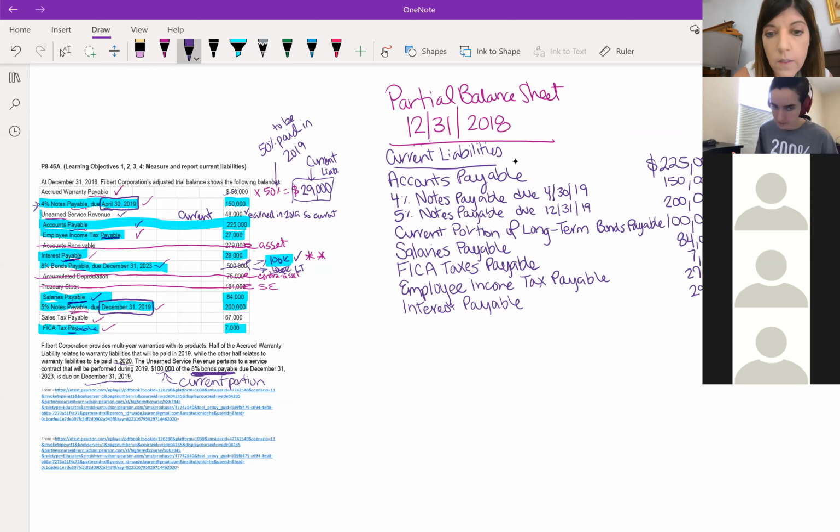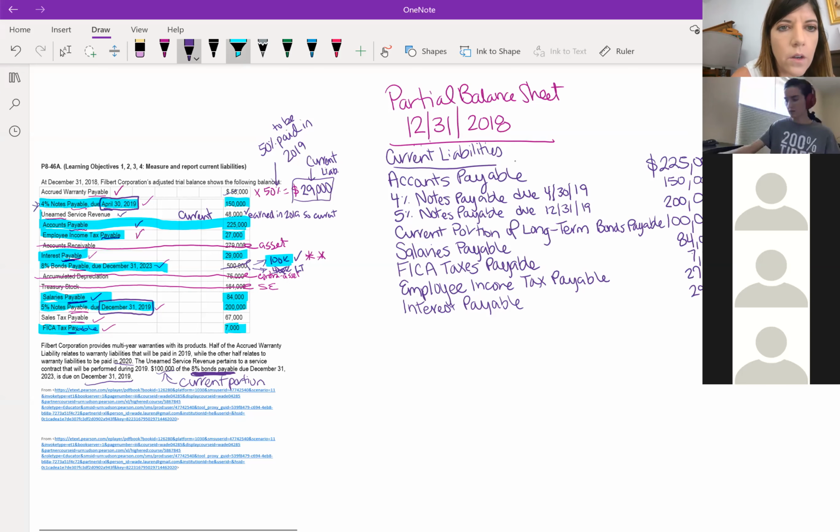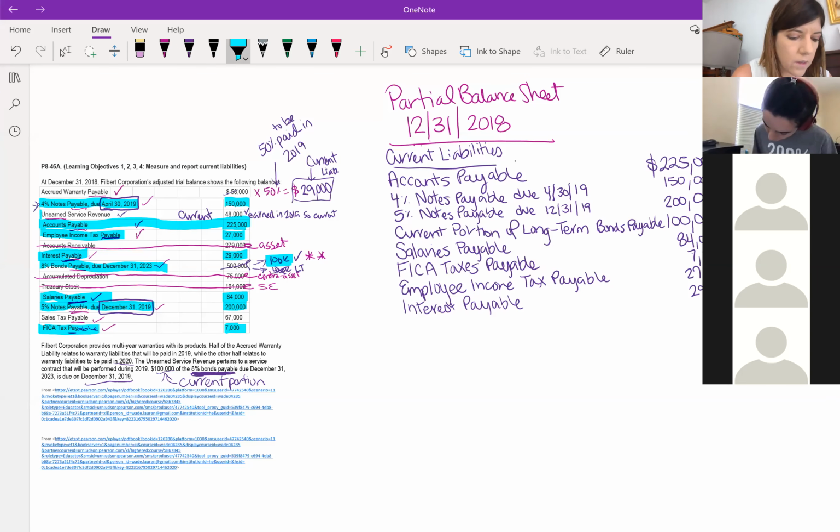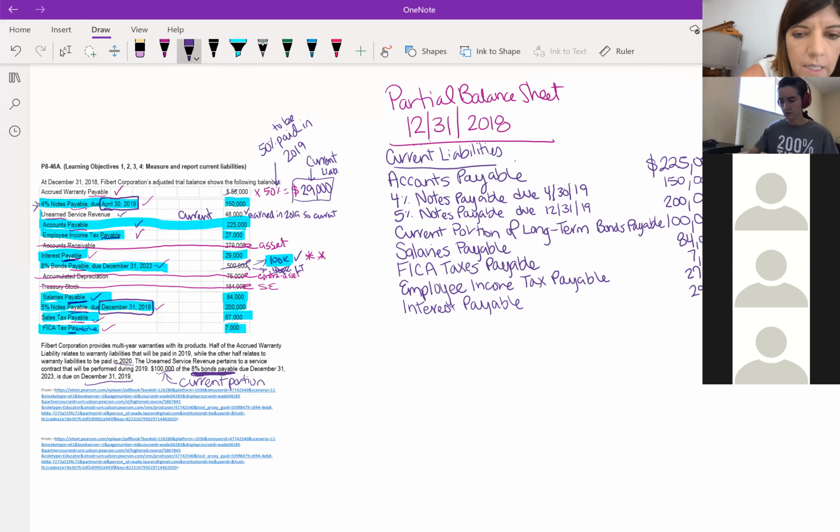So it makes sense that it's after the salaries, probably paid out after the salaries. And sales tax payable is listed next. 67,000 was given.